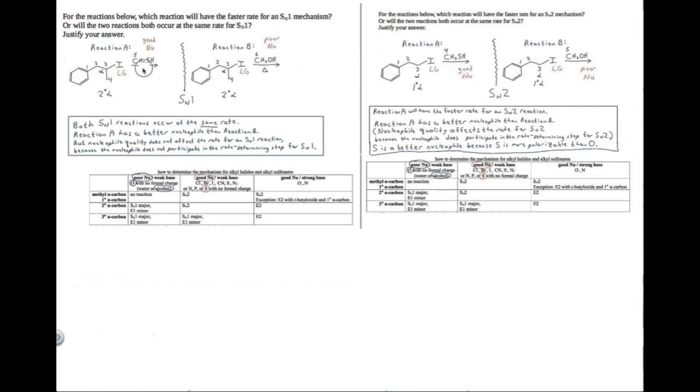But in the previous problem, both reactions occurred at the same rate, and in this problem, reaction A occurred faster. The reason for that difference is that the previous problem dealt with an SN1 mechanism, where nucleophile quality does not affect the rate of the reaction, whereas this problem asked about an SN2 mechanism, where nucleophile quality does affect the rate of the reaction.